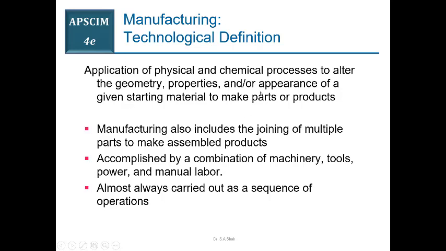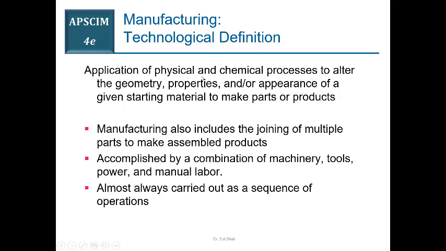As far as the definition of manufacturing is concerned, it can be on the technological side as well as on the economical side. As far as the technological definition is concerned, it is simply the application of any physical or chemical process that is used to change the geometry or the shape of the raw material, or if you change the properties, both chemical or physical, and or appearance of a given starting material to make the final product.